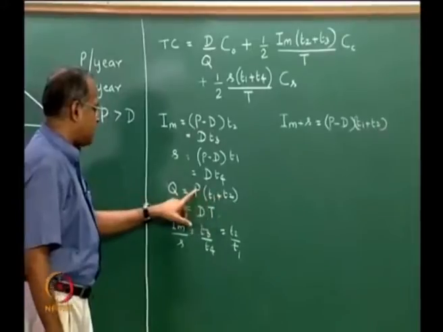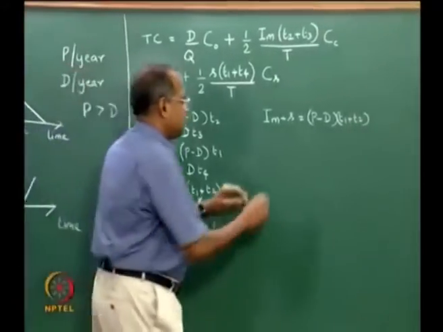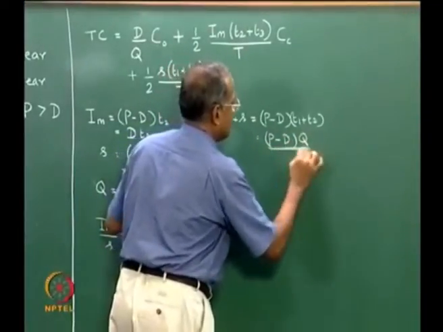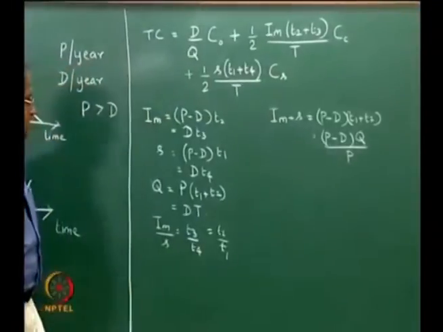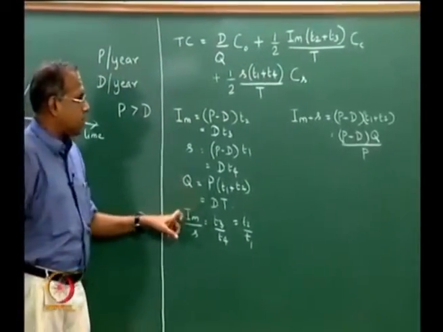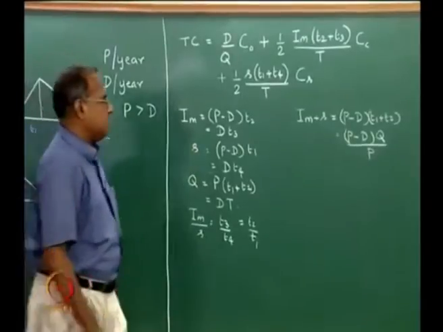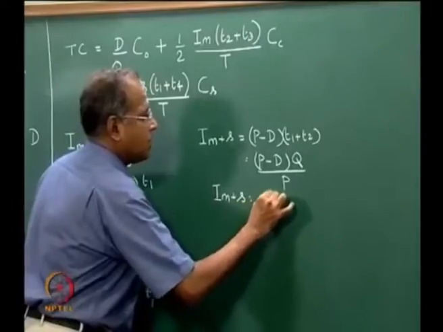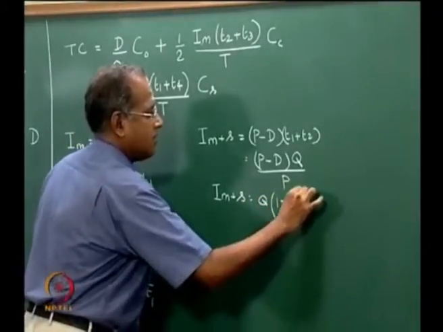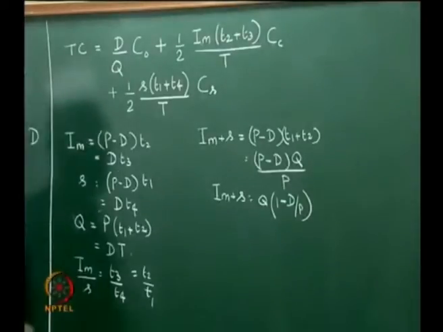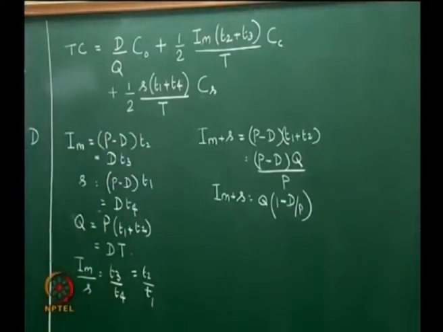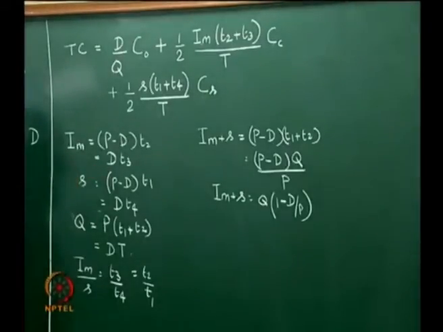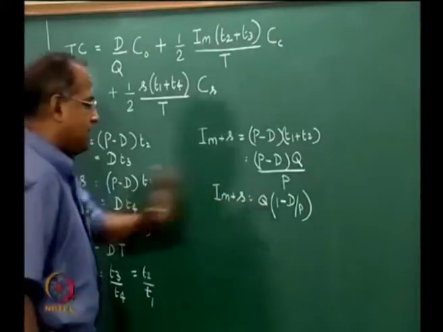Now T1 plus T2 is equal to Q by P. So, this is equal to (P minus D) into Q by P. So, Im plus S is equal to Q into (1 minus D by P). Now, this is a very important equation which we will use to relate Im, S and Q.